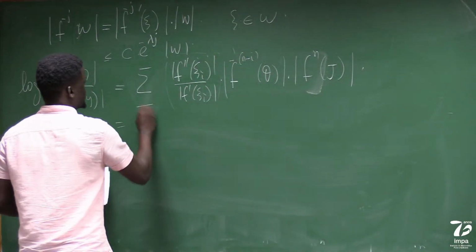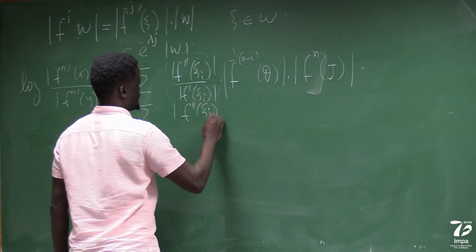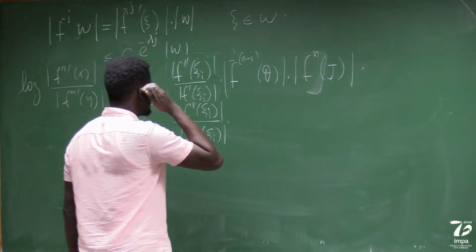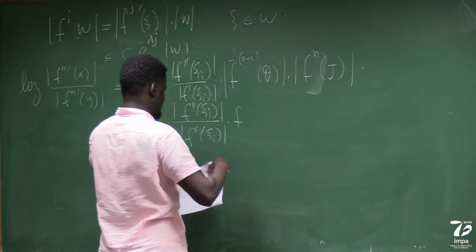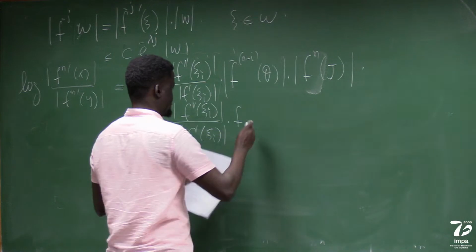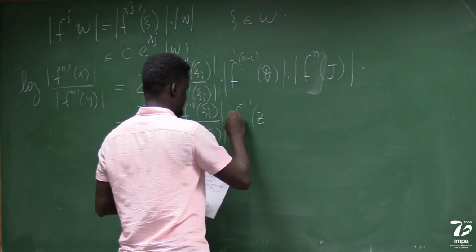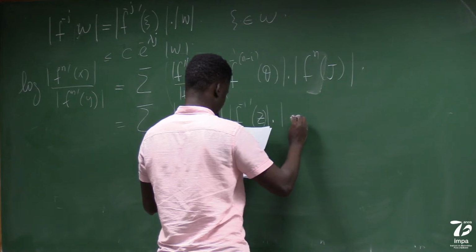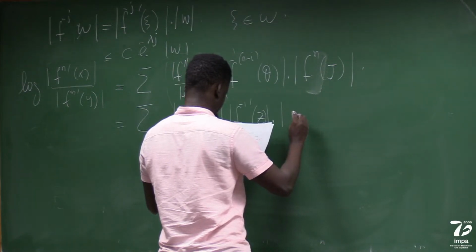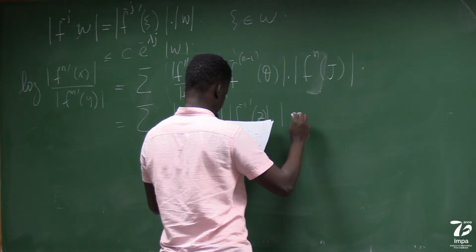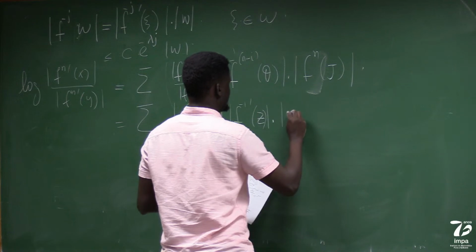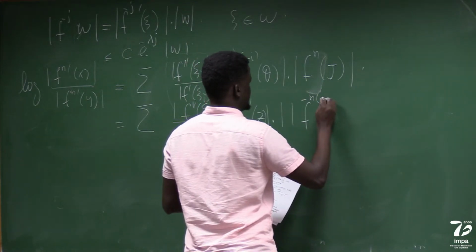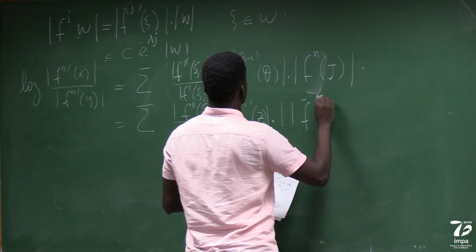So here what you do now is, this guy you can write it as f minus 1 prime at z times f minus n minus I plus 1.